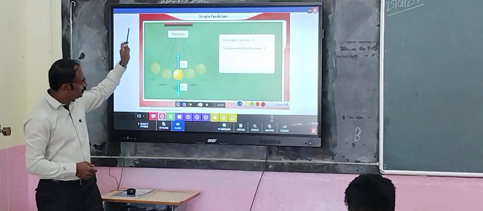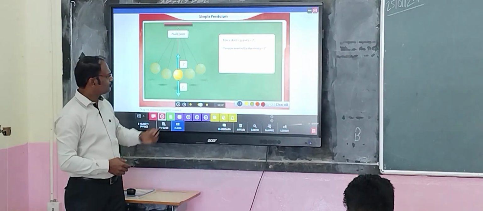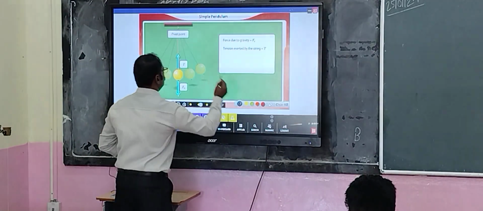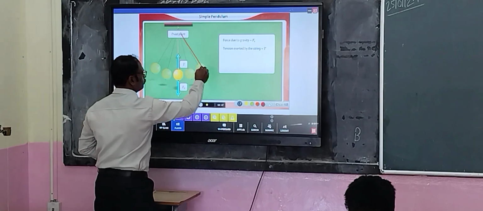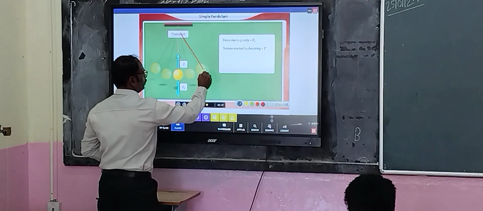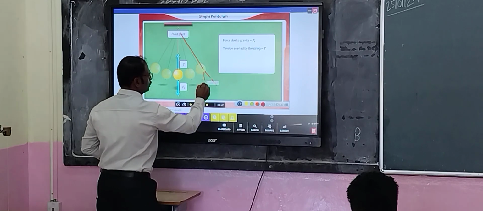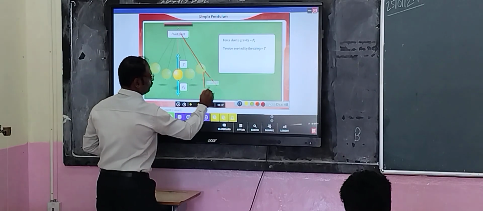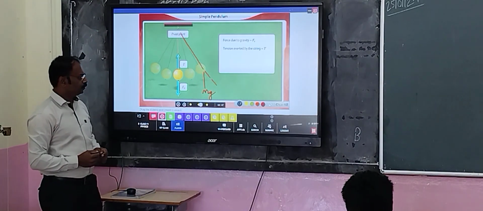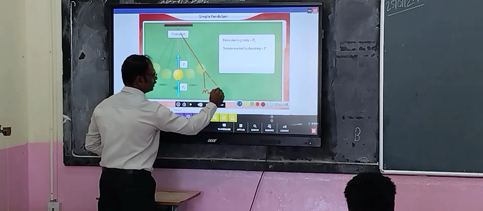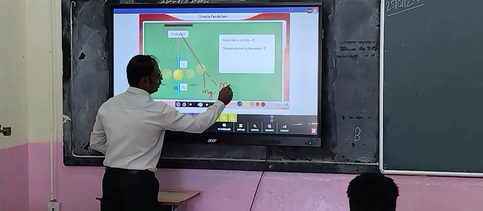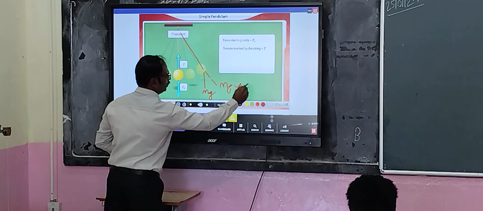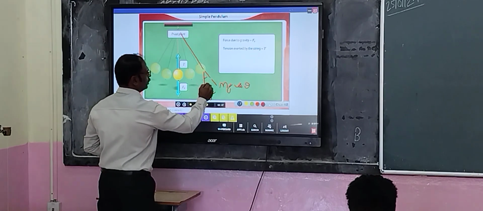But if the object is in the extreme position, we know that this is the force due to gravity, that is mg, and this is mg cos theta, since this angle is theta.